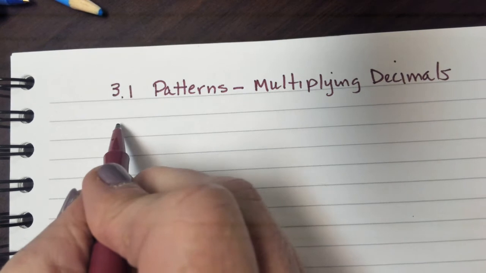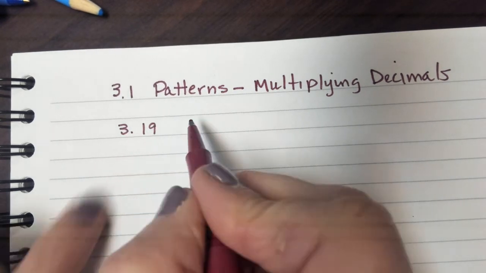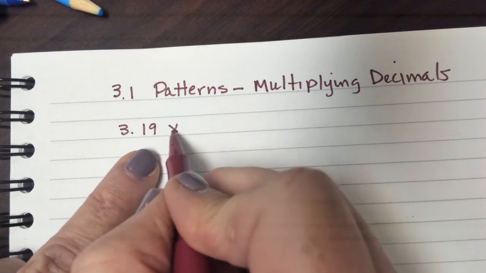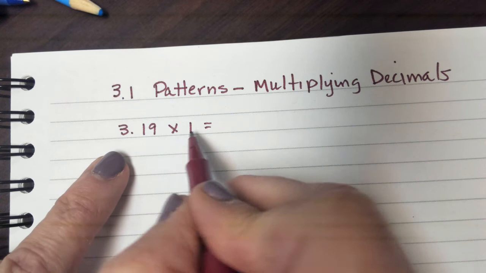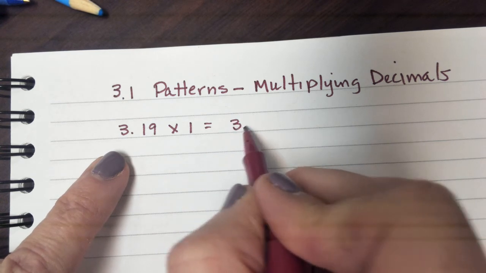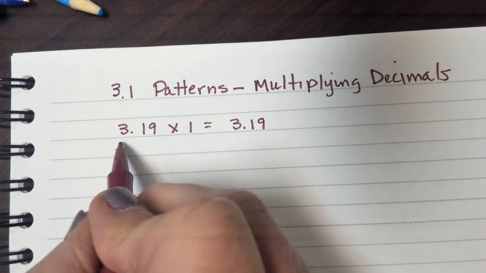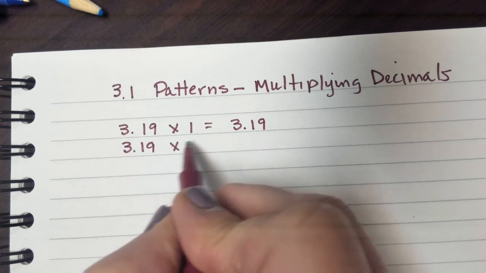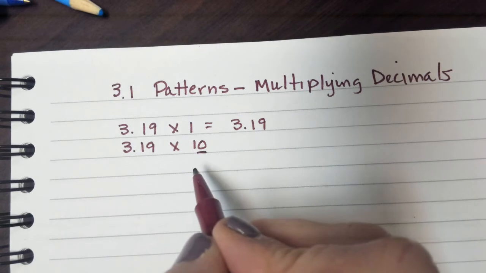So we are basically moving our numbers either to the right or to the left. So let's start out with 3 and 1900ths, and we're going to multiply by that 1. And so we know anytime we multiply a number by 1, we end up getting the same number in return. Now, when I multiply 3 and 1900ths times 10, I'm noticing there's a 0 there.